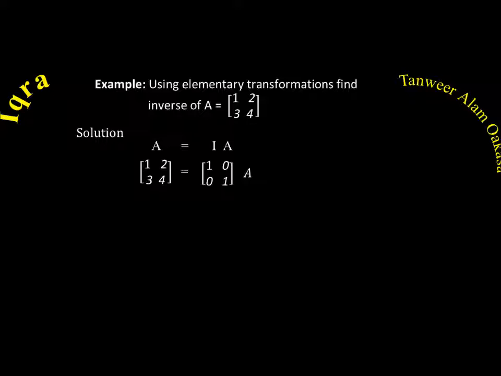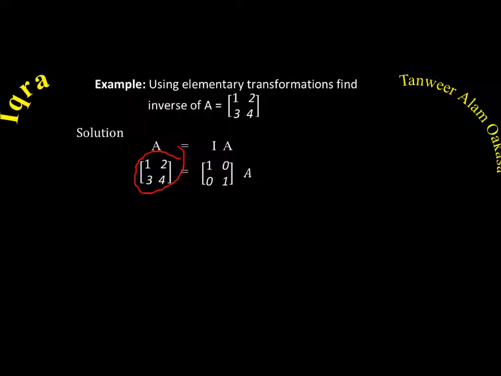Now I will try to make this matrix an identity matrix. So what transformation should I apply? Okay, let's start with row transformation. And one thing I need to tell you, that if you are applying row transformations, then throughout apply only row transformations. You should not apply column transformation at all.